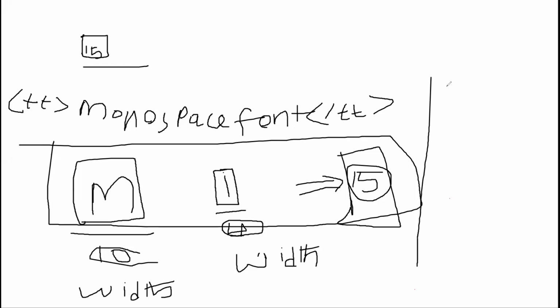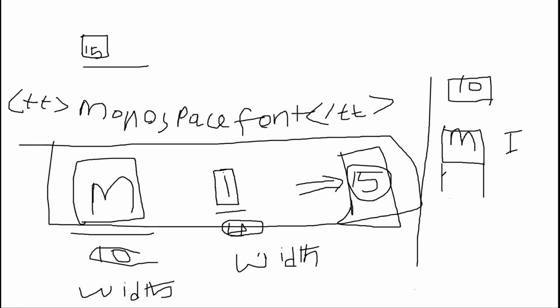Suppose while you are typing your program, your font size is 10. So M may get like this, I may get like this. If you look at this one, here there is more space. Font size is 10 only. Here the width is more.